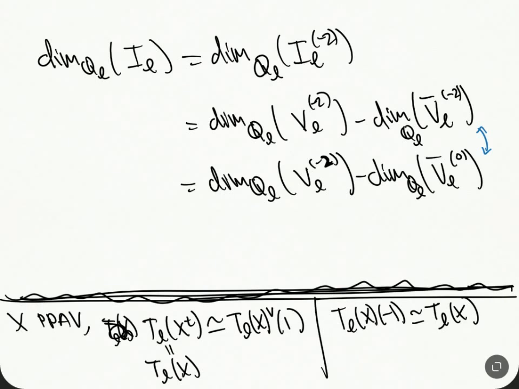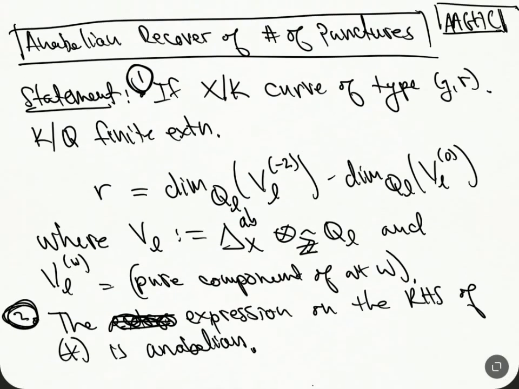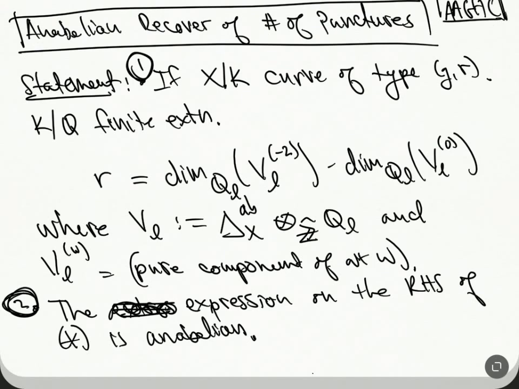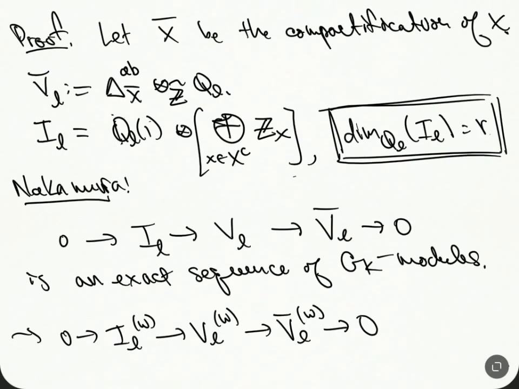Okay, so that being said, now what? So what's my last part? So is that everything? So what's the statement here? But this thing is pure of weight 0. So when we do this with weight 0, this is going to be 0, right?